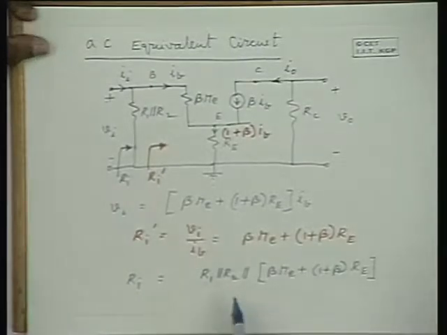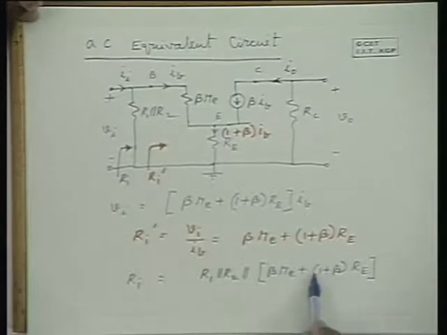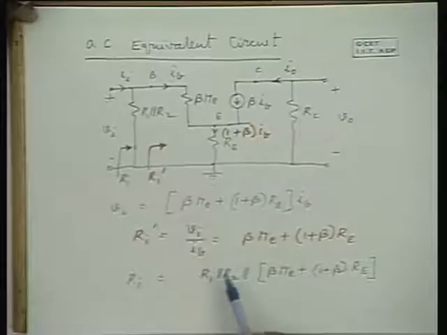Now what's happening to the input impedance by introducing Re relative to the earlier circuit? The input impedance is increasing by 1 plus beta times Re as an additional term coming in series with beta Re. Therefore, input impedance is considerably increased in this circuit, provided R1 in parallel with R2 is much larger than this.